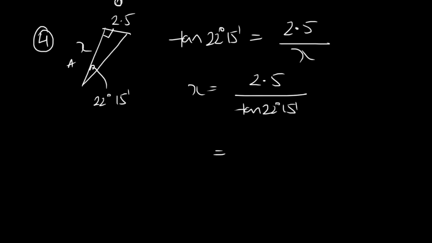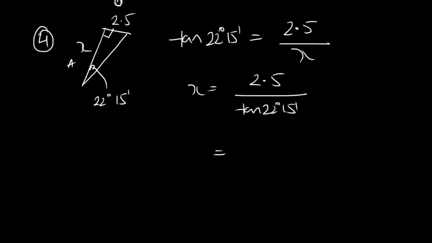Now, let's see how we can type this in. In my Casio calculator, I'll first press the fractions button. That's the button in the second row on the far left. I'll type in 2.5, tan, then 22, then what I like to call the bubble button. If you look on the third row, the one that's second from the left is a bubble button.